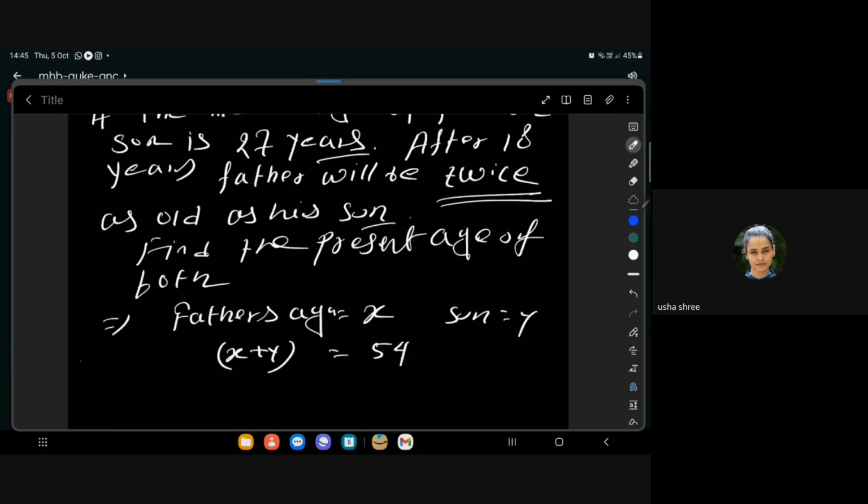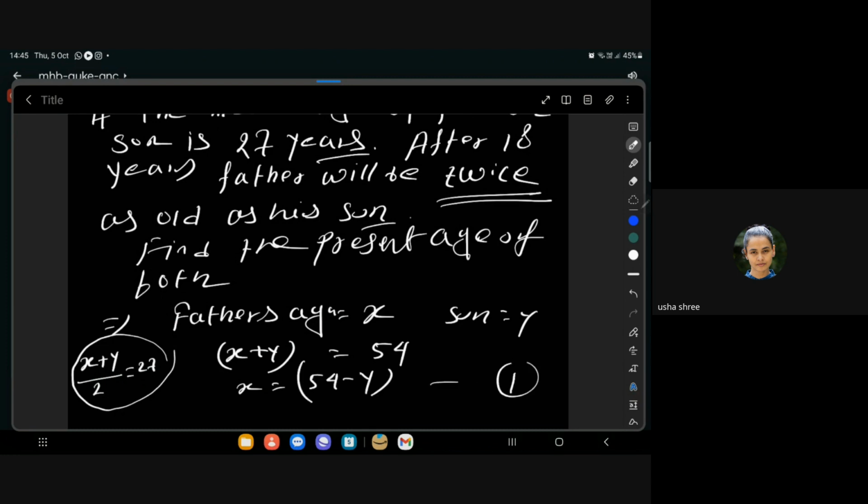They have given that the average of these two persons is x plus y by 2 equal to 27. So we can directly write x plus y equal to 54. Or directly, if the average of two persons is 27 years, the total will be 54 years for both. x plus y equal to 54, so x equals 54 minus y. Okay, equation number 1. We'll use this value later on.